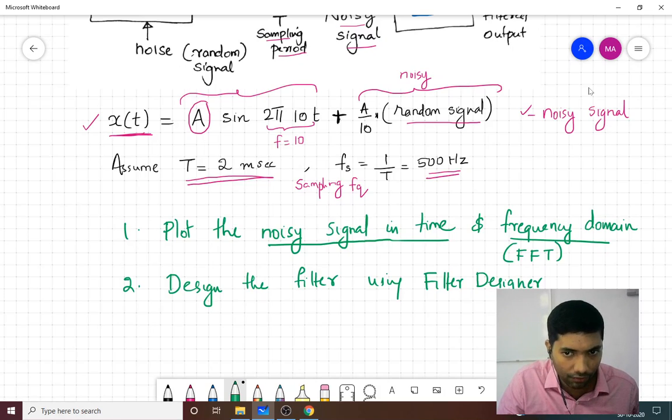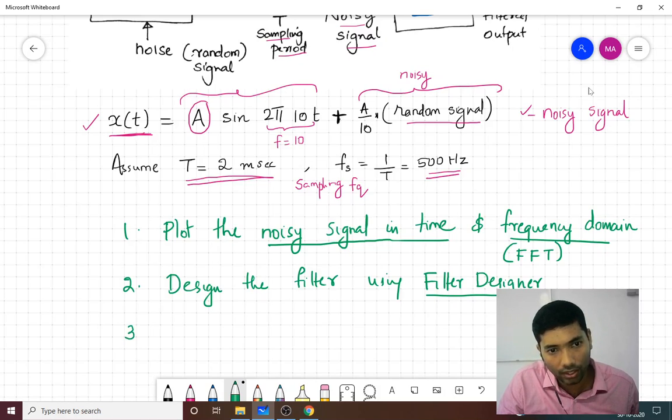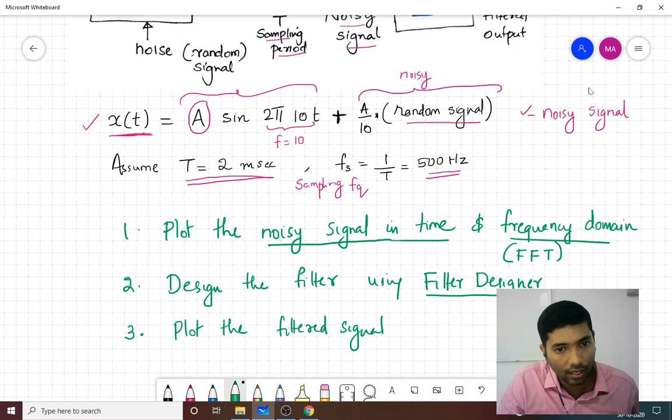Once we design the filter in the filter designer app, we will take the design to the original program and find the filtered output using the designed filter, and from that we will plot the filtered signal both in time and frequency domain.